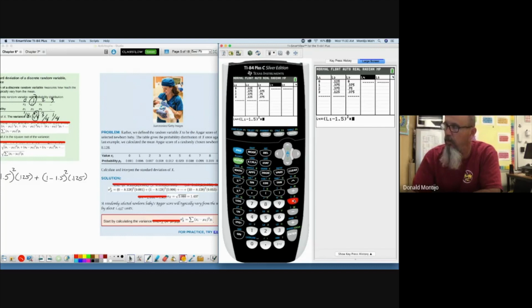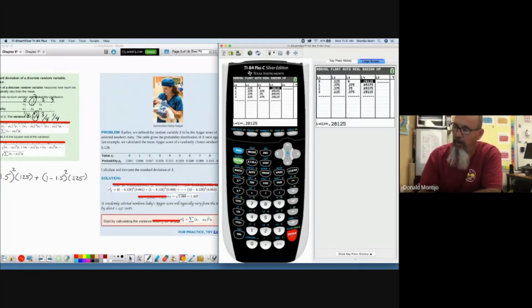My probabilities were in list 2, times L2. Now, if you look at the formula, it says take each individual x minus the mean squared times its probability, and then I have to find the summation of that.